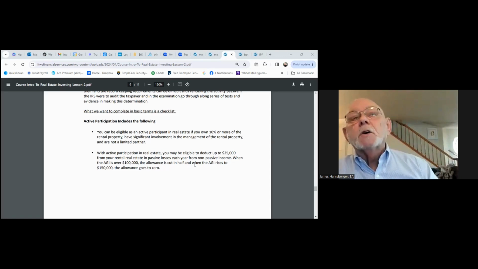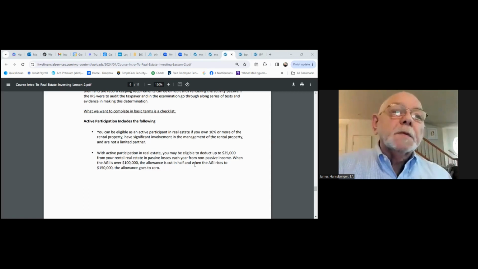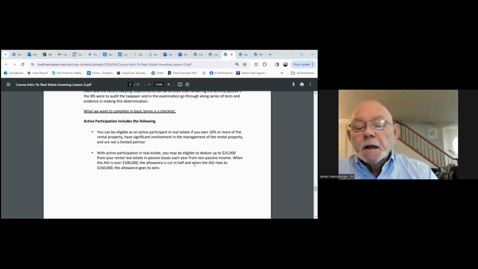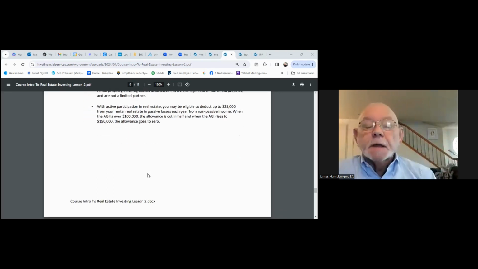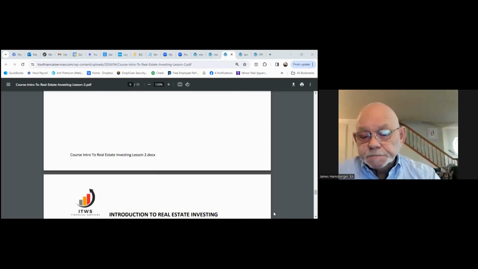That's why we look at the real estate professional, because once you meet the real estate professional standard, all of your losses are ordinary and there's no limit. When the adjusted gross income is over $100,000, the allowance is cut in half. And when the AGI rises to $150,000, the allowance goes to zero. So I don't like that part, but I can do the first part, and that's the important distinction.